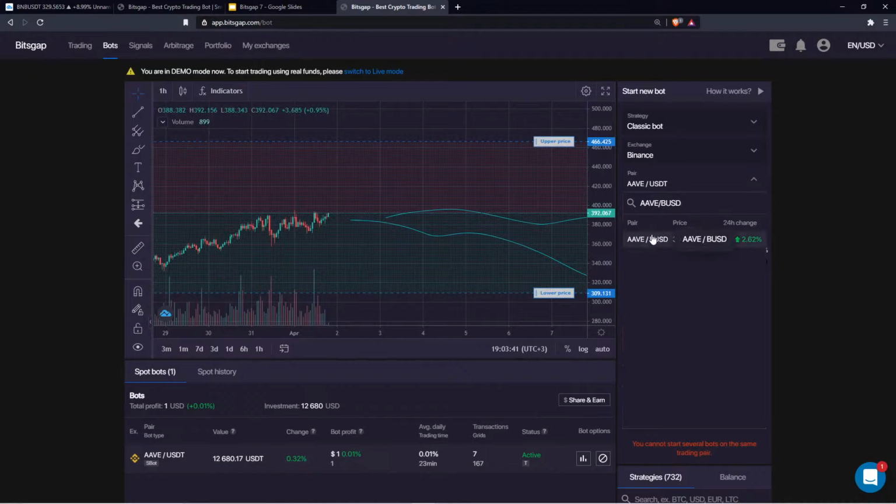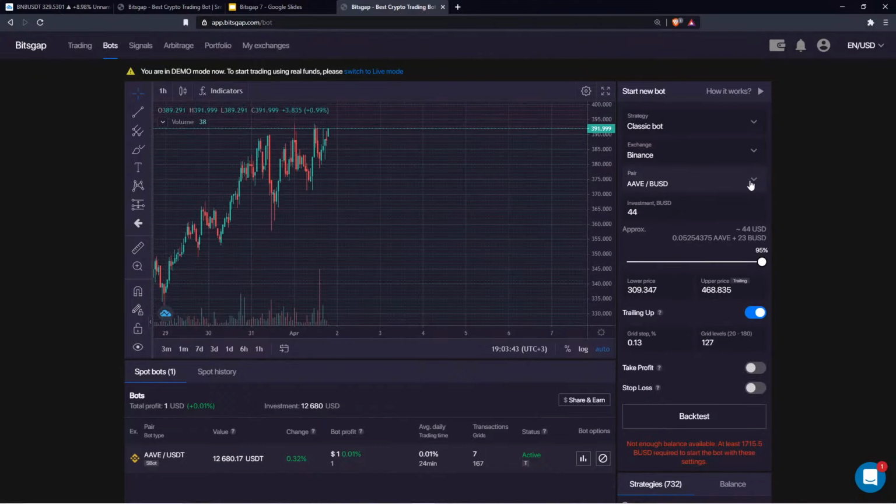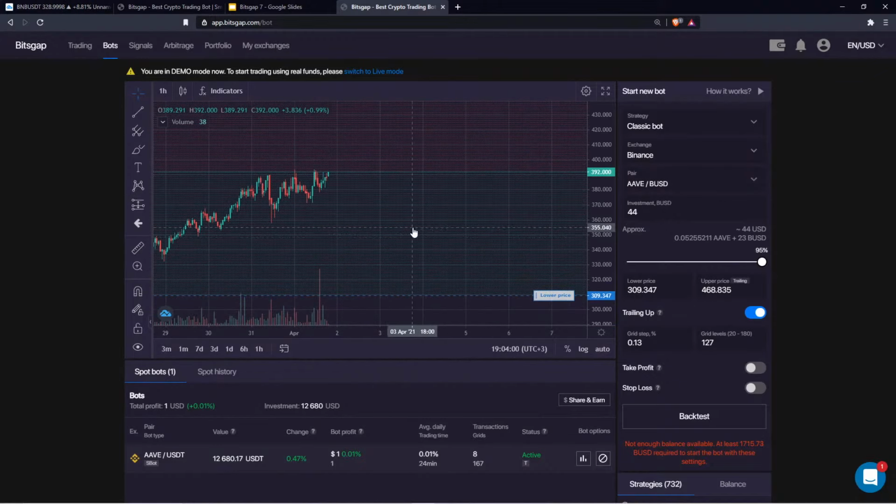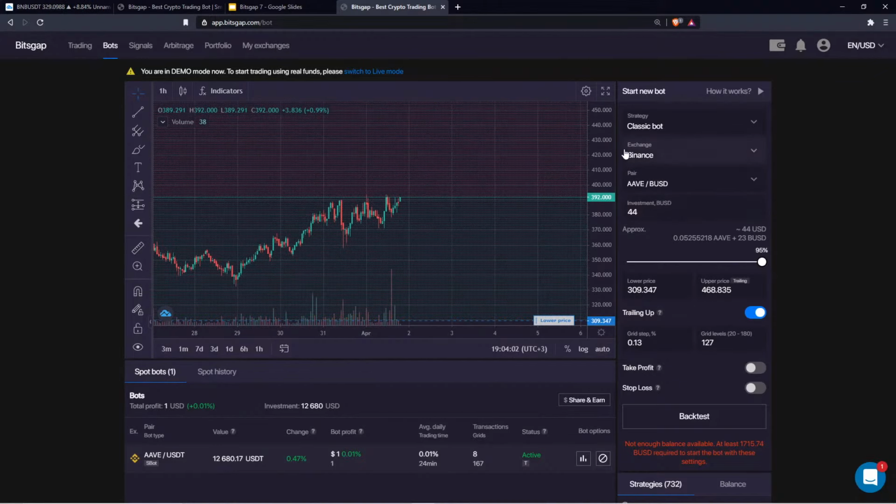So that means that you're still trading AVE, but you have a different stable coin, which is pretty much the same, be it BUSD, USDT or TUSD. That's the trick you use to launch different configurations simultaneously on the same crypto, which is AVE in this case. For example, you want to launch the classic bot on AVE with 100 grid levels.